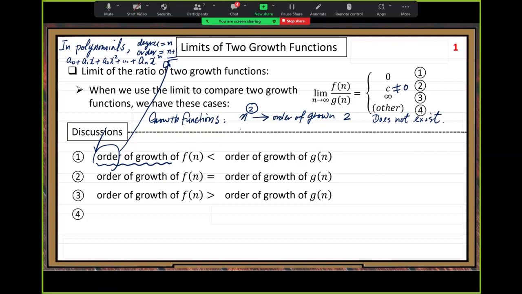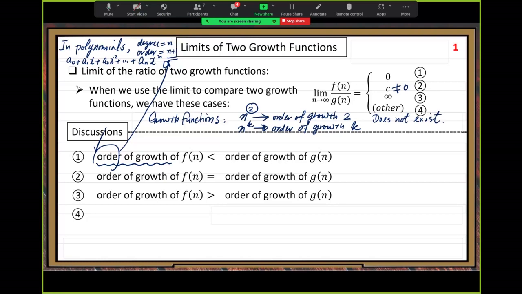So n to the k, general k, then the order of growth is just k. Simple. The simplest case.